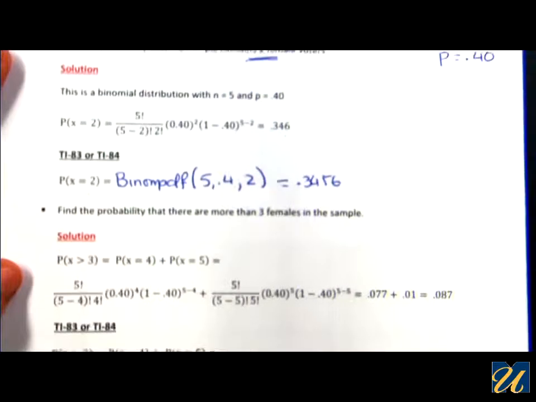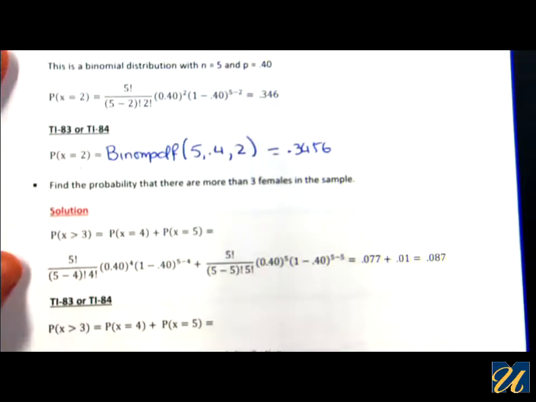Find the probability that there are more than, keyword, more than 3 females in the sample. More than 3 means you do not include 3, so you're calculating the probability of x to be equal to 4 plus the probability of x to be equal to 5.